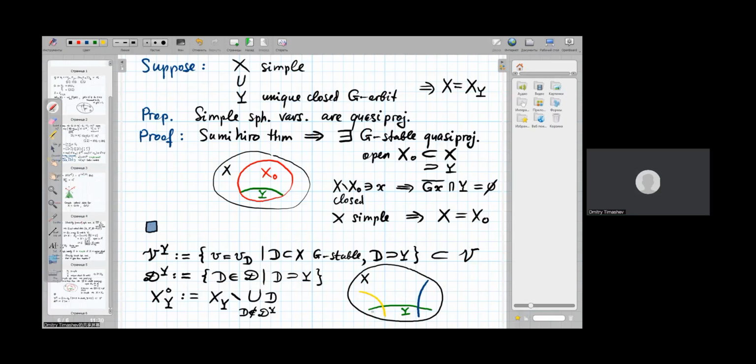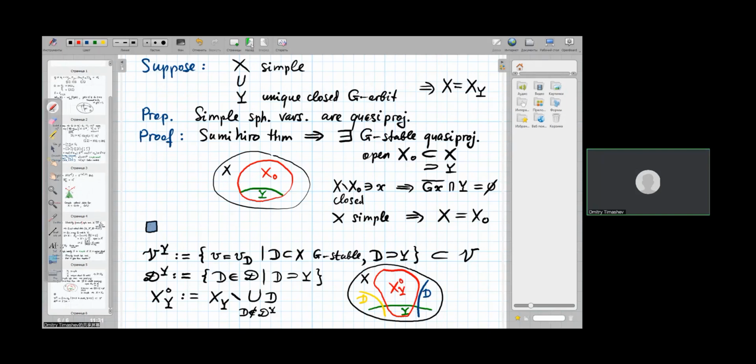So these colors which do not contain Y are removed. These D's. This blue D and yellow D are removed. And what is left is an open subset, which I denote X_Y naught. Okay, this is the picture for this open subset.